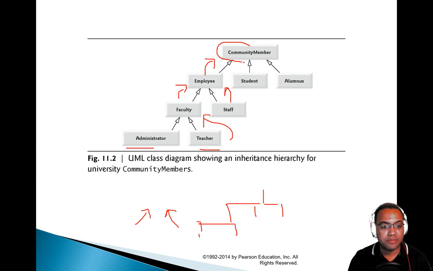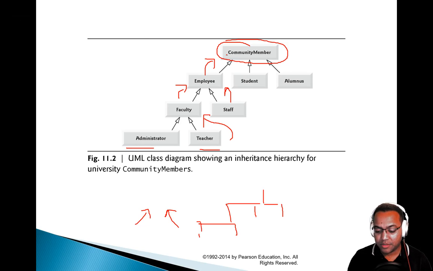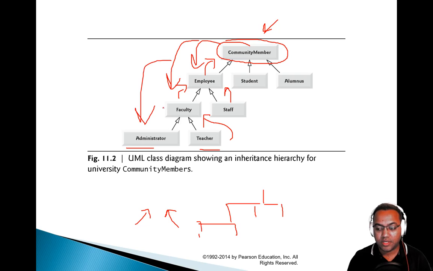You can see how community member would be not vague, but more generic. And then as you went down into the derived classes, it would get less generic and more specific.